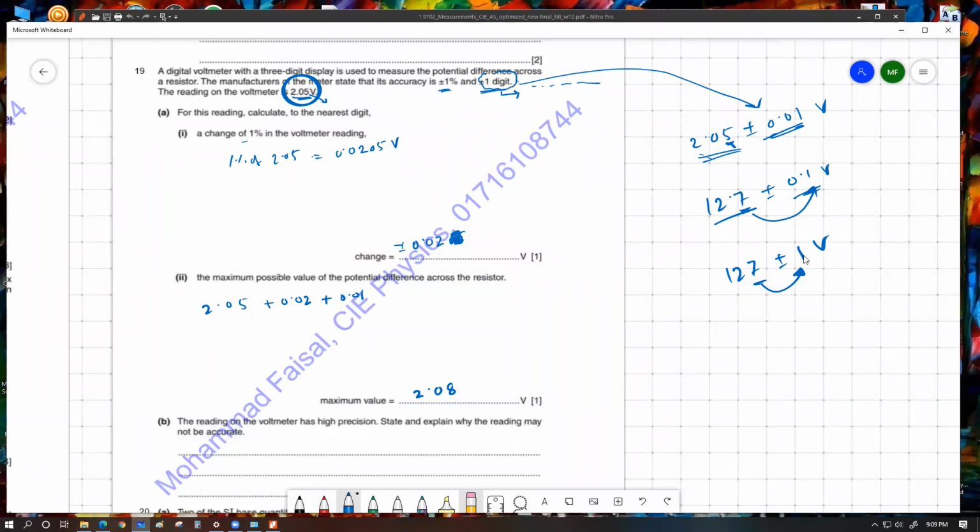স্যার বলো, তাহলে কি আমি আনসারটি সবসময় 0.03 বলে দিতে পারি না? আনসারটি সবসময় 0.03 বলতে পারবে না, কারণ এটা হচ্ছে 1% and then 1 digit। আর মনে করো 12.7 এর জন্য ক্যালকুলেট করতাম, তাহলে 1% এর জন্য 0.127 প্লাস মাইনাস 0.1 এরকম আসতো। So your value is actually not fixed.